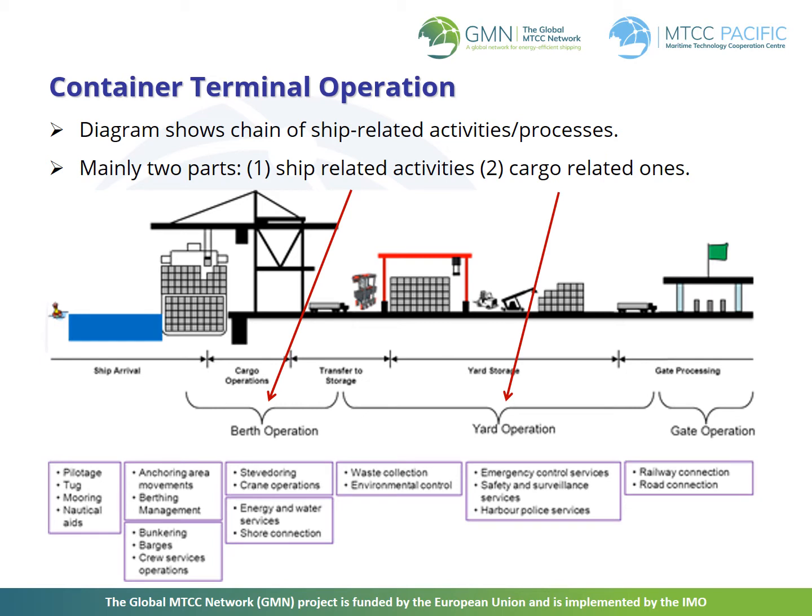When a ship arrives at the entrance buoy of a port, the pilot comes aboard the ship to help the master in maneuvers to the designated place. If no berth is available on arrival, the ship is assigned an anchorage area. If the berth is available, the ship is berthed with the help of tugs, depending on ship size and port rules and regulations.